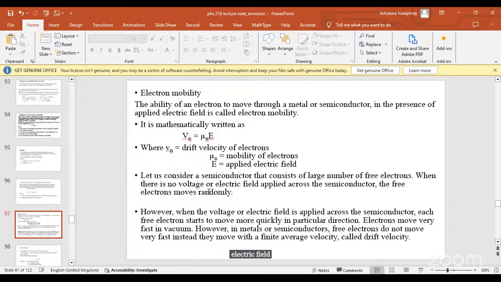So the drift velocity is directly proportional to the applied electric field. The more the electric field, the more the electrons drift from one end to the other, and that itself is what we refer to as electron mobility.